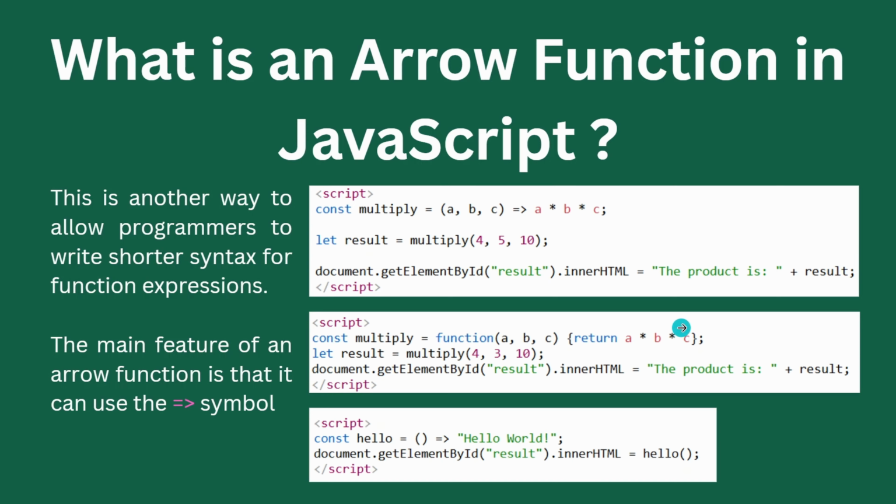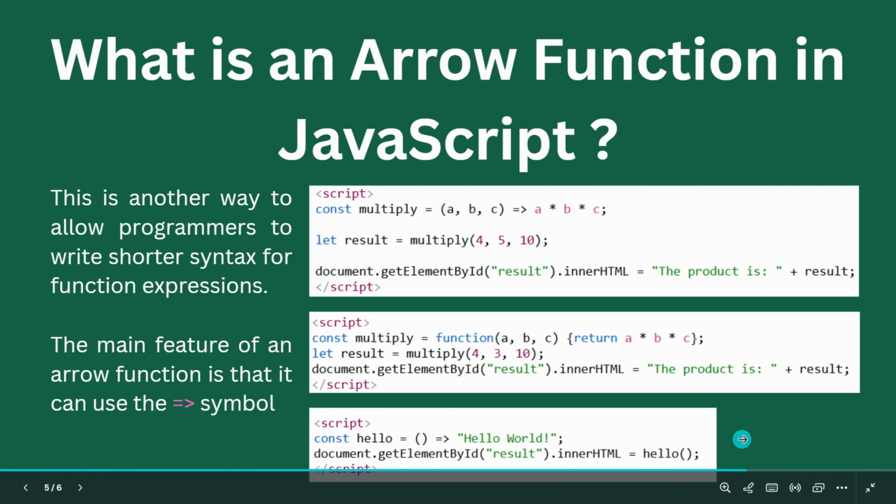Another way to make a shorter function without the arrow symbol is by typing the function syntax followed by parentheses that contain three input parameters, and we need to write the curly bracket followed by the return syntax and the multiplication of the three input parameters.